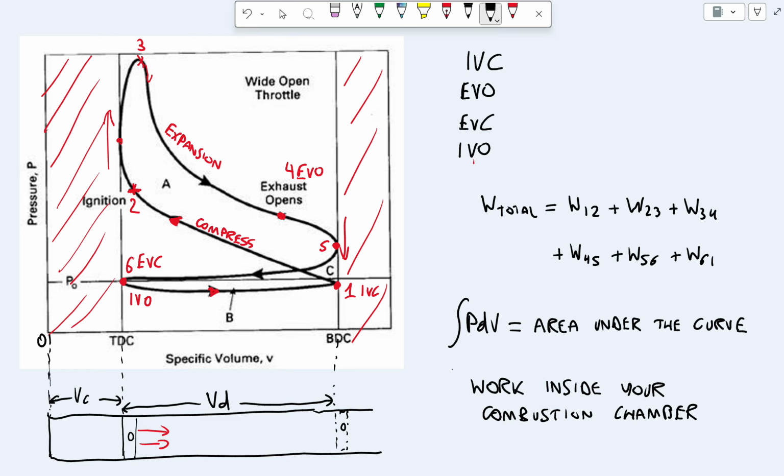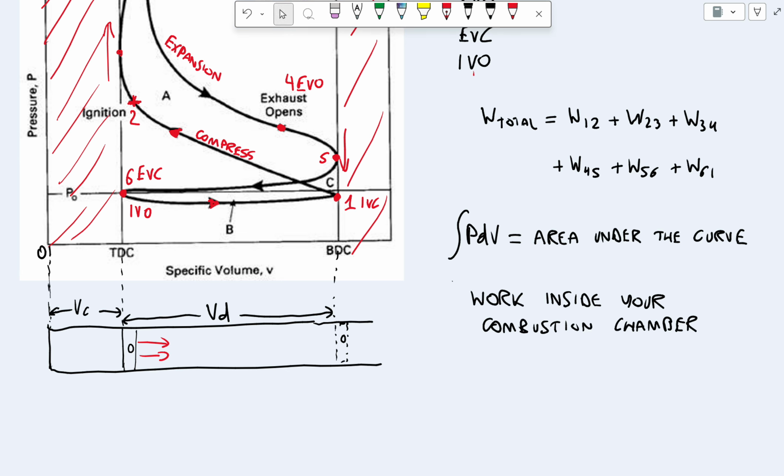All the losses due to friction are not taken into account at this point. At this point, we're just looking at the pressure inside our engine and how much work that pressure would create if everything was frictionless.